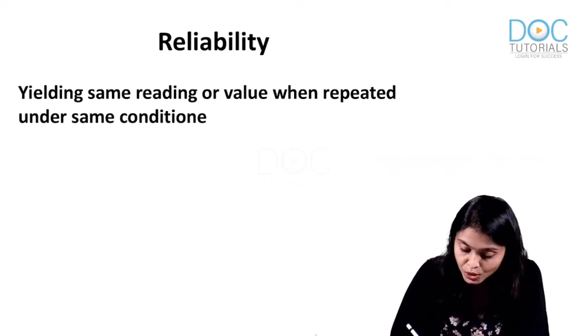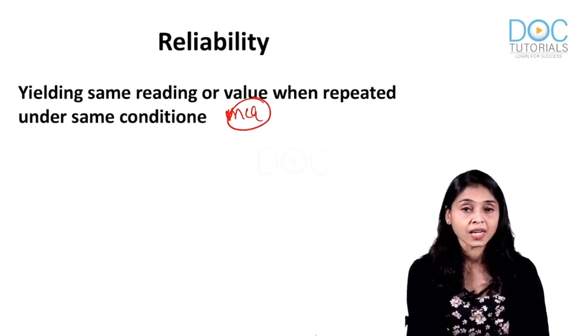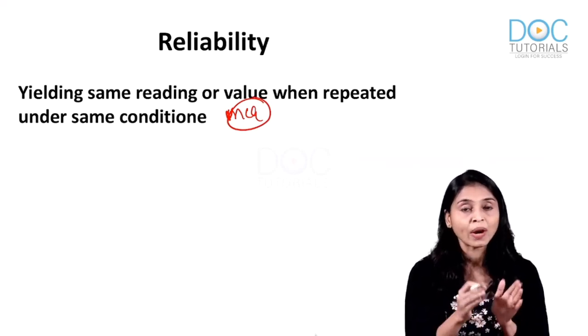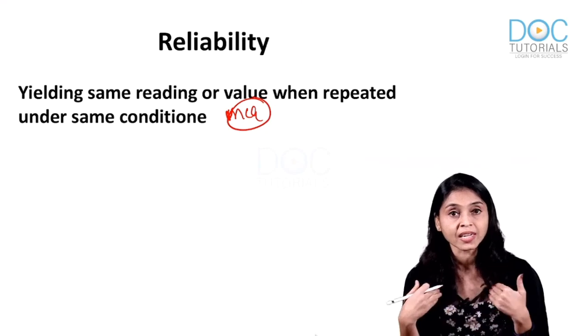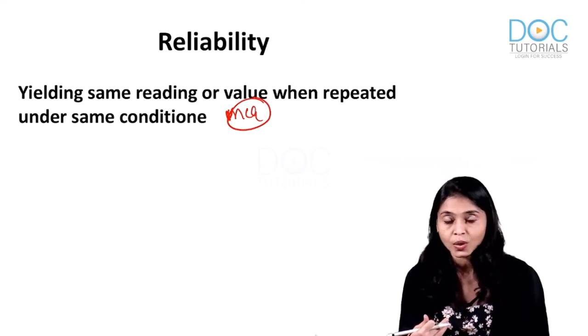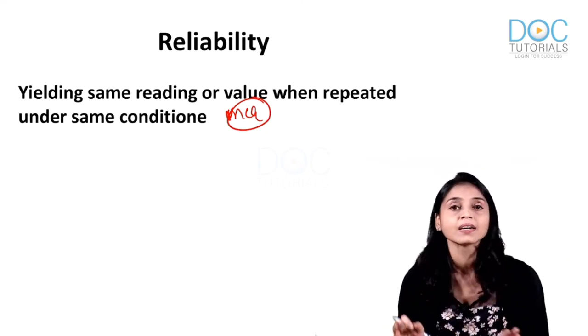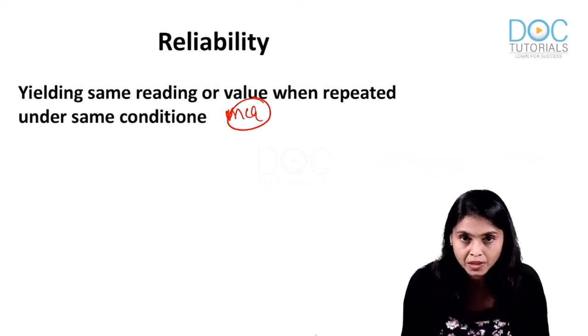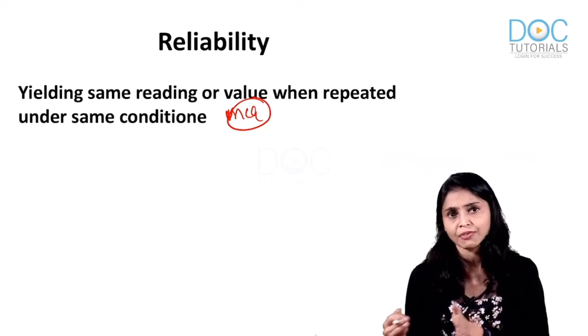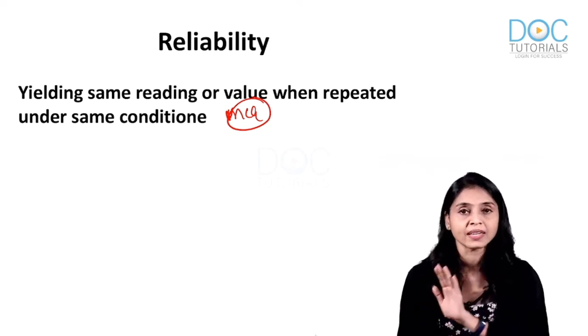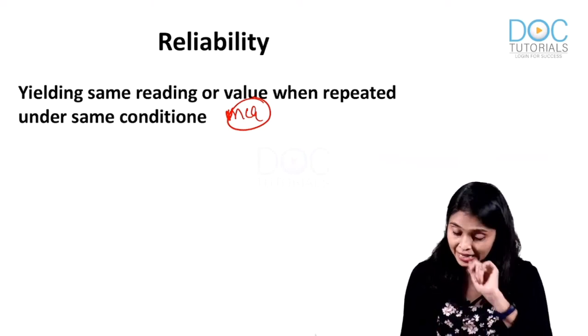Okay, this is also an MCQ. If that BP apparatus is consistently giving 120/80, 120/80, 120/80 when tested on me, okay, then I can say that it is reliable. Okay, every 5 minutes, if it keeps on giving the same value, then it is reliable. Okay, next MCQ.